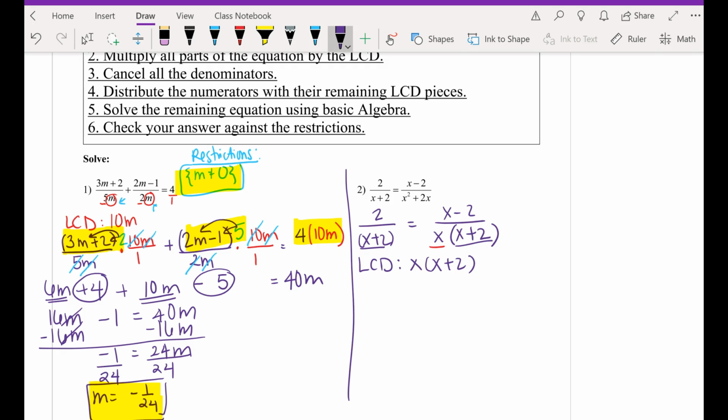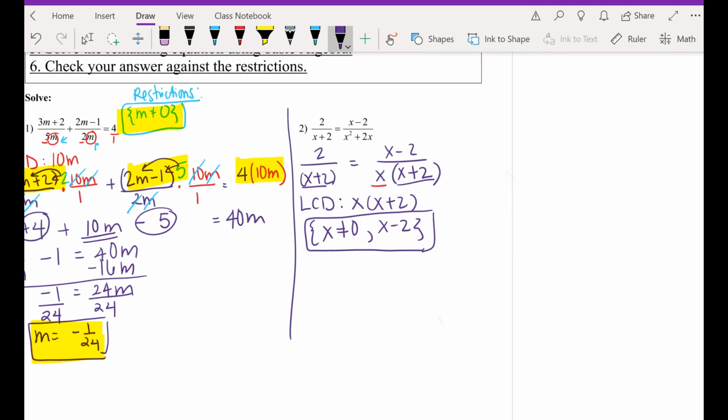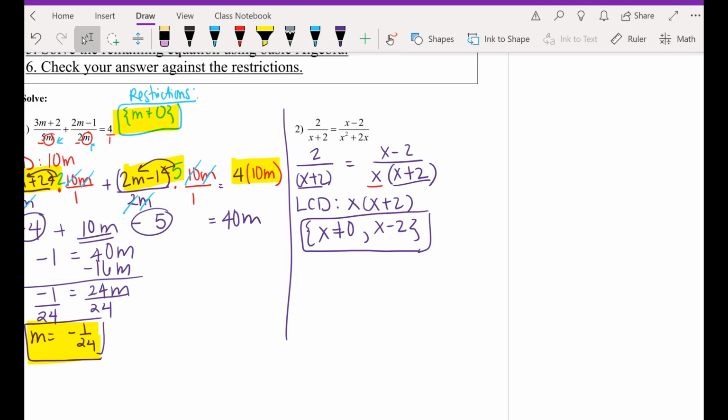So right away, I'm going to say the restrictions: x can never ever be 0 and x can never ever be negative 2, because you take the denominator and say it equals 0. So what do you do with each piece? You're going to take each piece and multiply it to your original. So 2 over x plus 2 times the LCD, which is x times x plus 2.